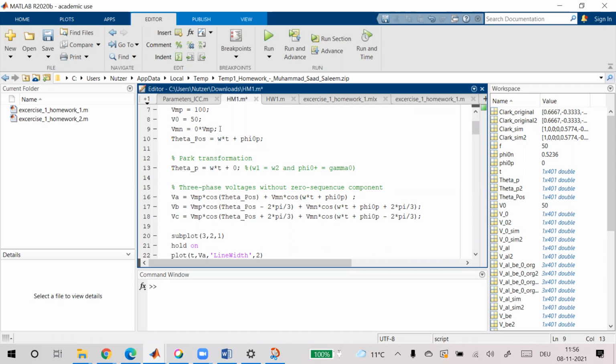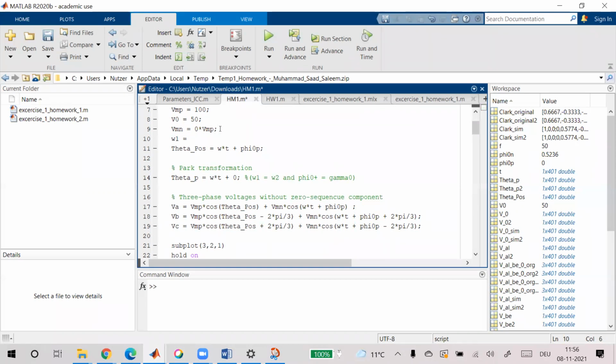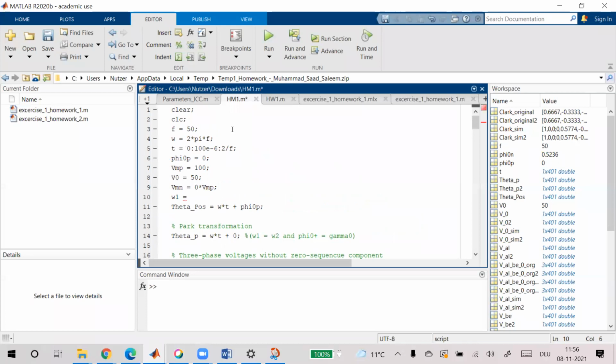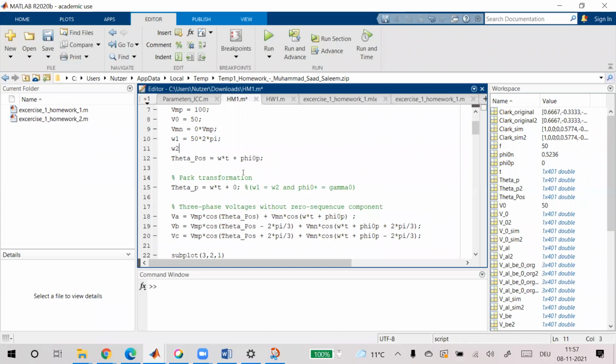I would write it like this: omega 1 is equal to omega, where omega is 50 into 2 into pi, and your omega 2 is also 50 into 2 into pi. Is this more clear? Yes.